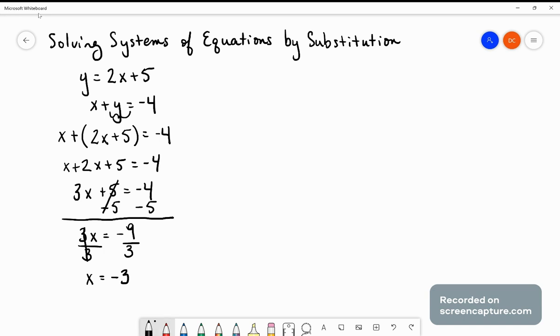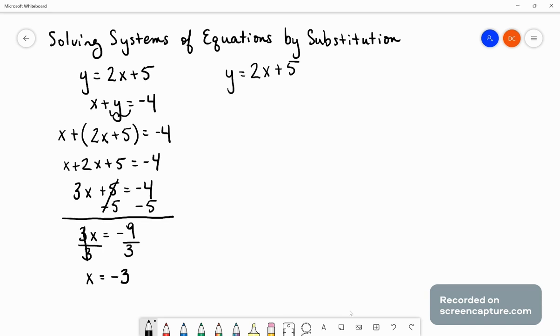So you want to take that and use that in your other equation. Remember, we have y equals 2x plus 5. We're going to substitute our x with what we found, x equals -3. So we have y equals 2 times -3 plus 5.